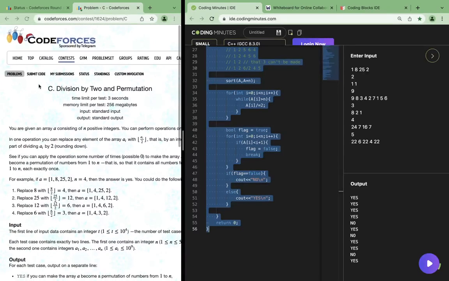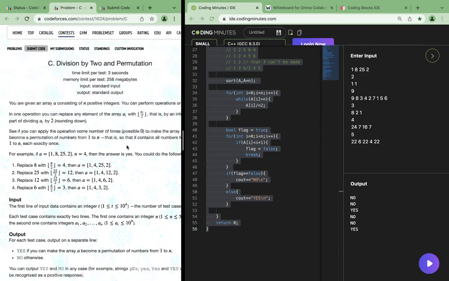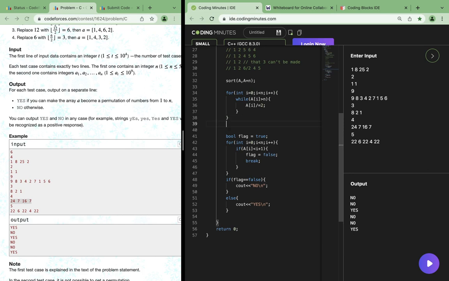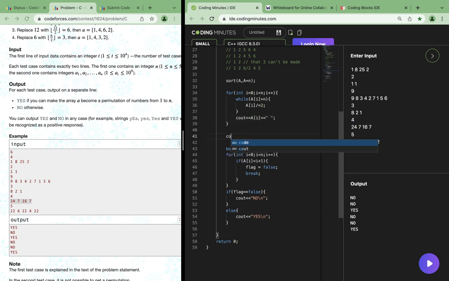But this would get us a wrong answer on pretest 2, in my opinion. So this is wrong even for this test case. Let's see the integers right here. So no, yes, no, and yes.